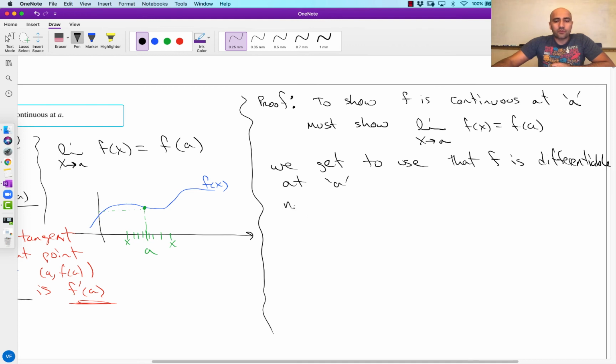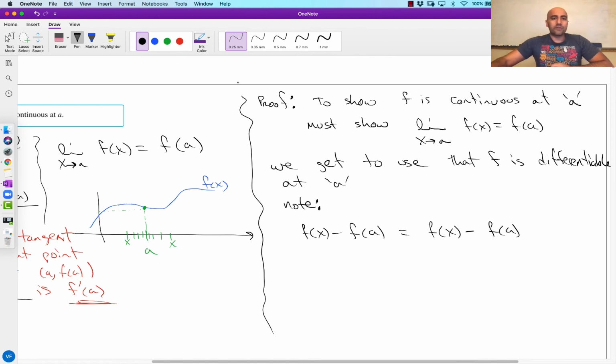Okay, so note, this is kind of a difficult place to begin, but we can say that f of x minus f of a is equal to f of x minus f of a.